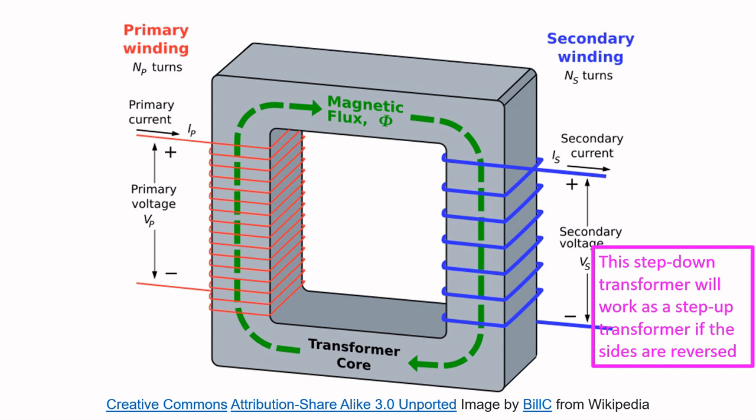The nomenclature will also have to be reversed. So in a step-up transformer, primary winding will have lower number of turns and secondary winding will have higher number of turns. The ratio of the voltages is having the same value as the ratio of the number of turns.